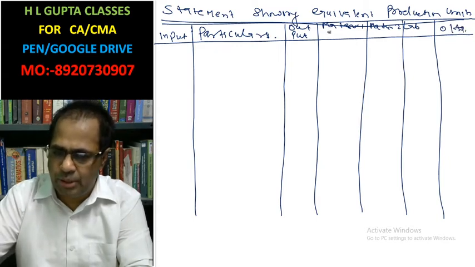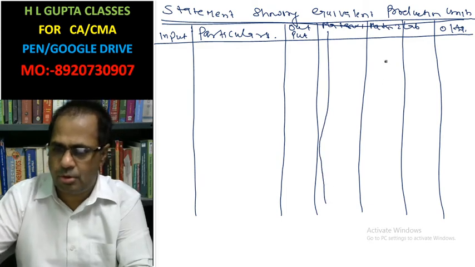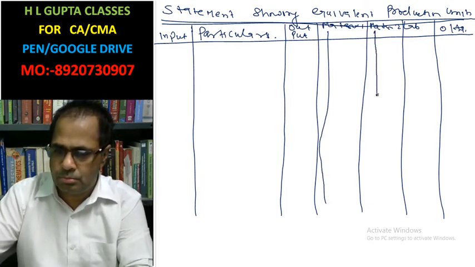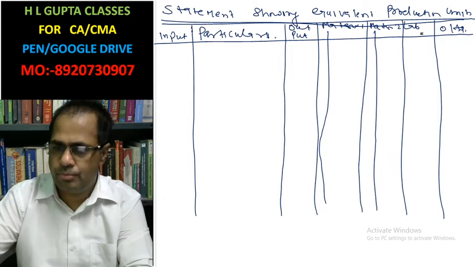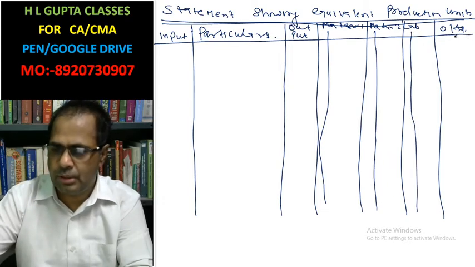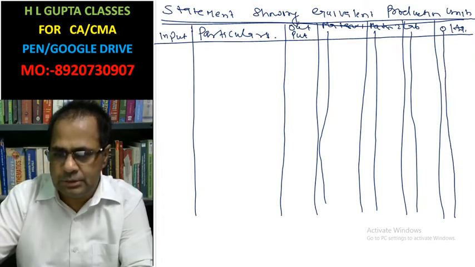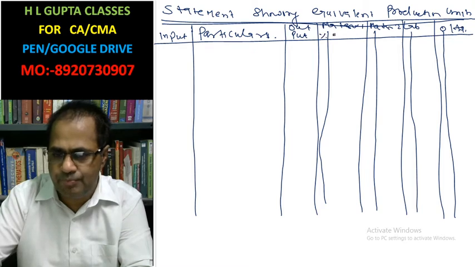In material 1 and the others, you have to draw one line, and this, and this. This is your percentage, this is your units.